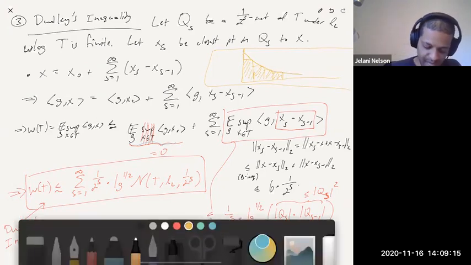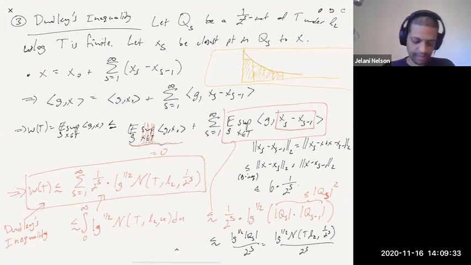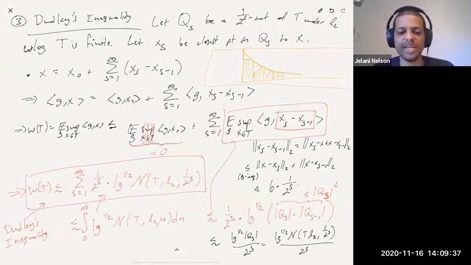So you can do the same kind of reasoning here and say that actually this thing, up to a constant, is at most the integral of square root log covering number T, L2, u, du, integral from 0 to infinity. So u is basically like 1 over 2 to the s.